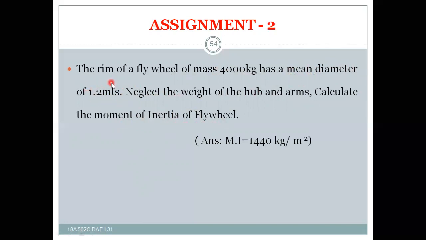K you can calculate by taking half of the mean diameter. K is equal to 1 by 2 of 1.2, that is 0.6 meters, and mass is there for us. Then moment of inertia I is equal to 4000 into 0.6 whole square. That way you will get your answer.